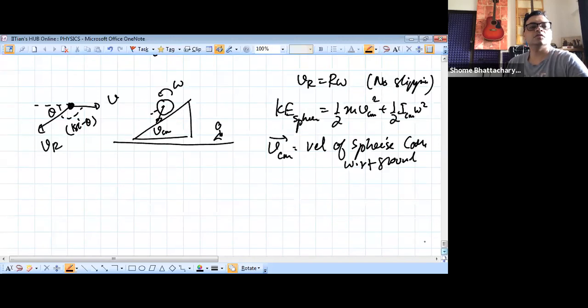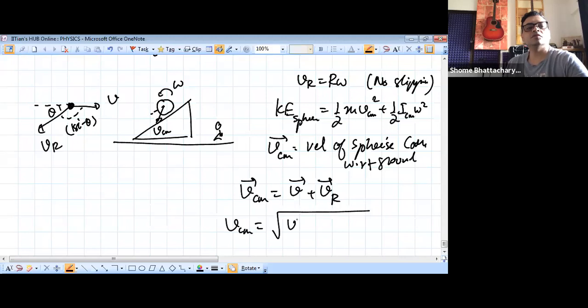So VCM will be the vector sum of V plus V relative. So VCM will have a magnitude of square root of V square plus V relative square minus 2 times V relative cos theta from this vector relation.